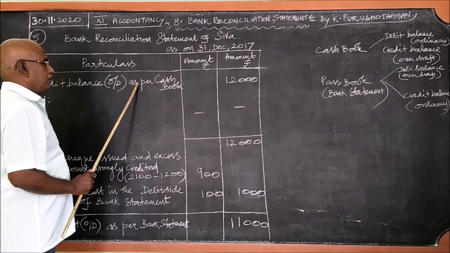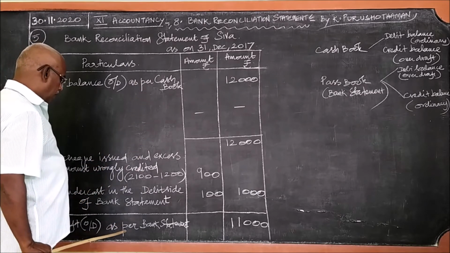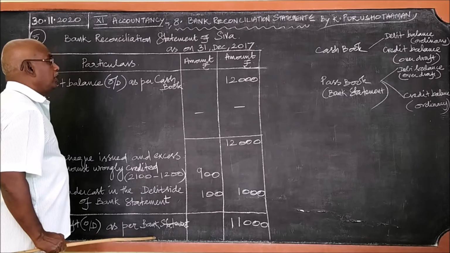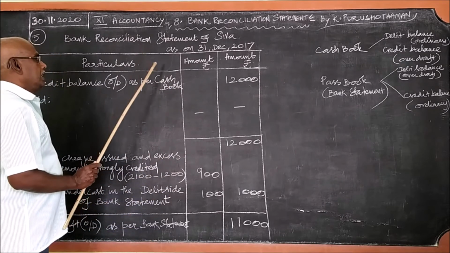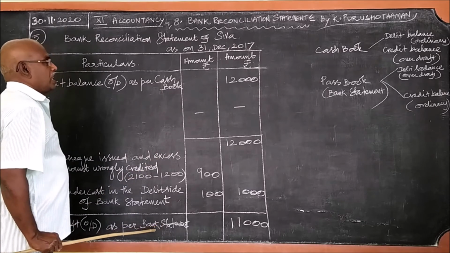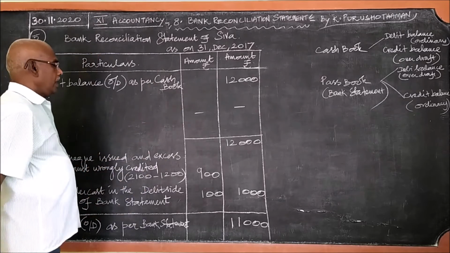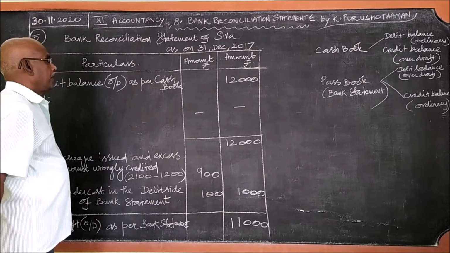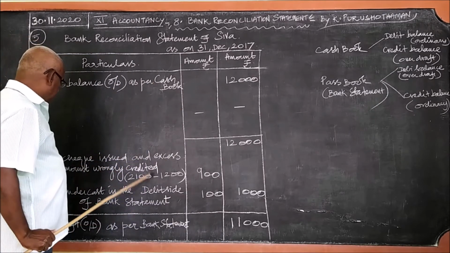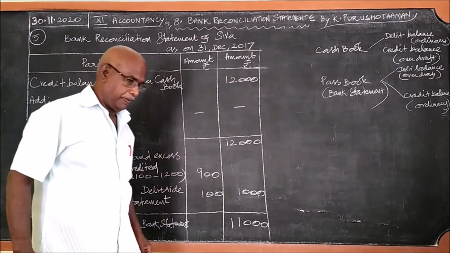So from overdraft balance as per cash book to overdraft balance as per passbook, we should find. Because we started with the cash book, we should end with the passbook, otherwise the bank statement. This is the method. And in this, only two items are given.